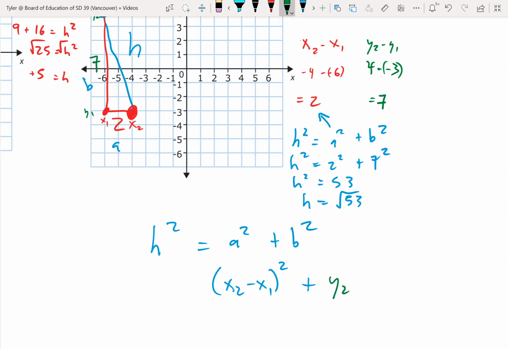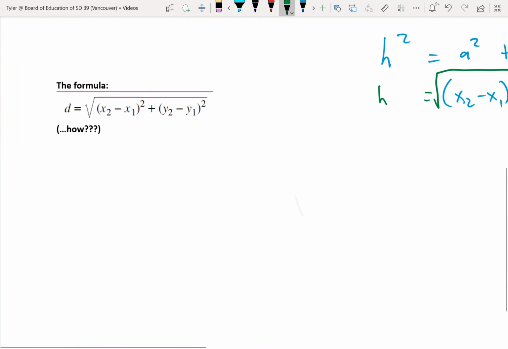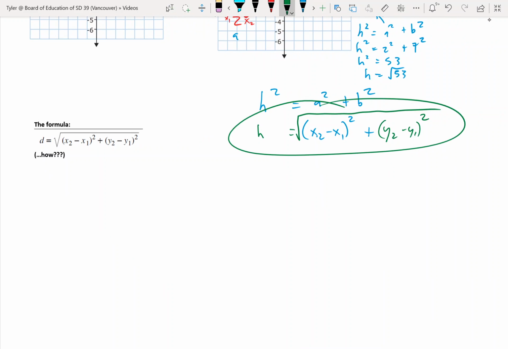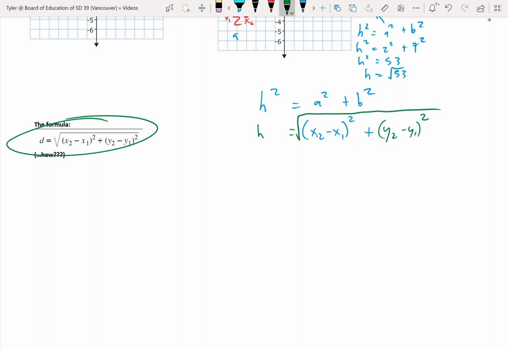So that one was y2 minus y1, squared again, equals h squared. Now, if I don't want to have a squared, we had to square root both sides to get rid of it. So really, it's square rooted like that. Now, if we look over here, what we just created is the exact same as the complicated formula I gave us at the start. That's where this comes from.